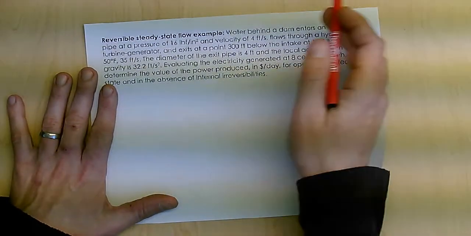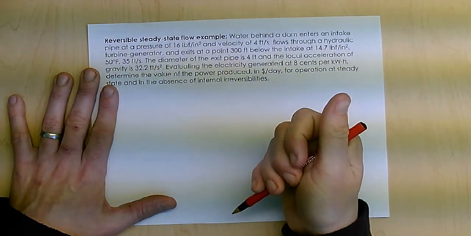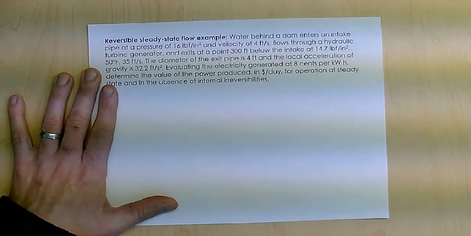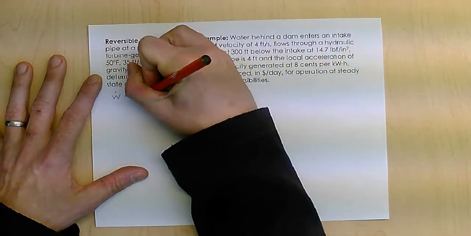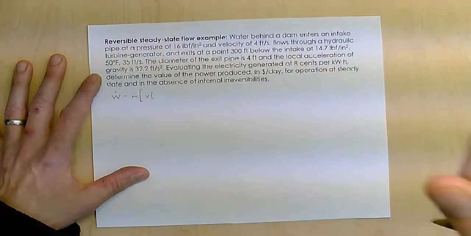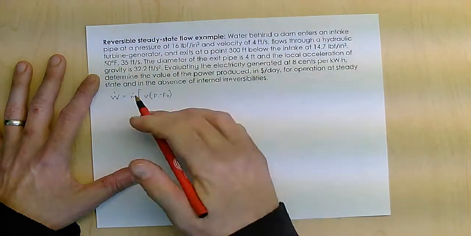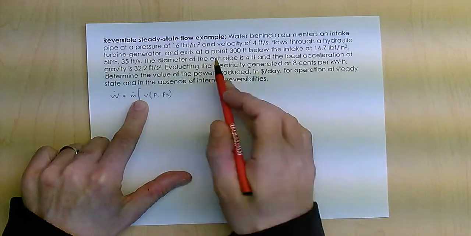Okay, so this is a reversible, steady state flow of an incompressible substance. Because of that, the work or the power I can create is the mass flow times the volume times a change in pressure. And again, this is because it is incompressible. Volume is constant because it's liquid water.